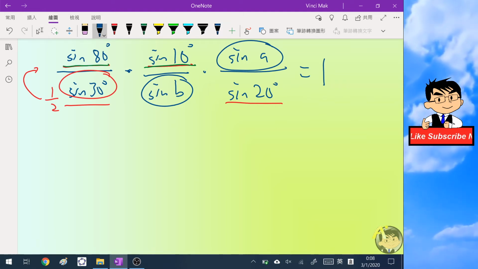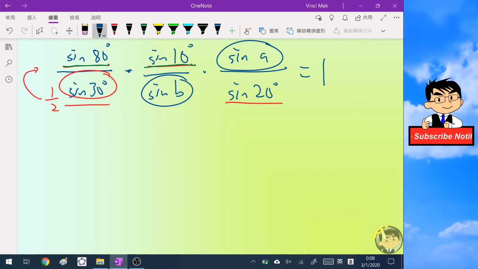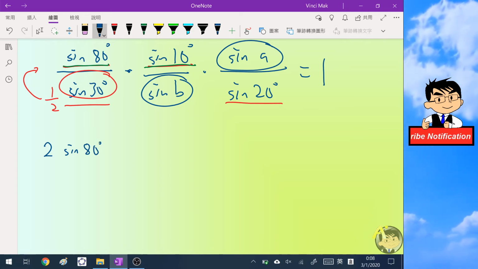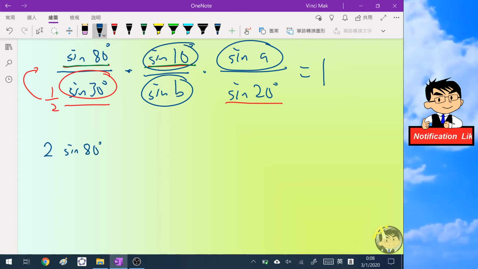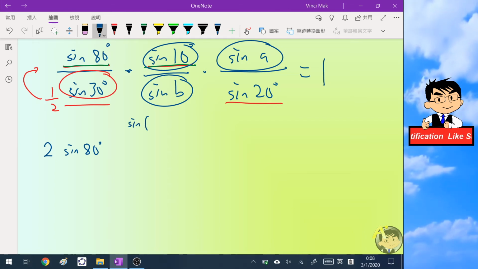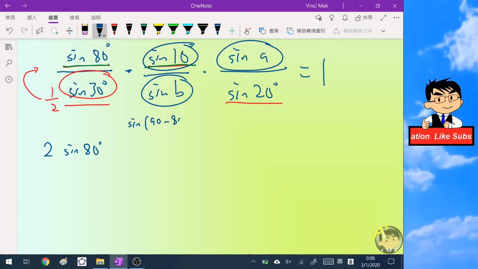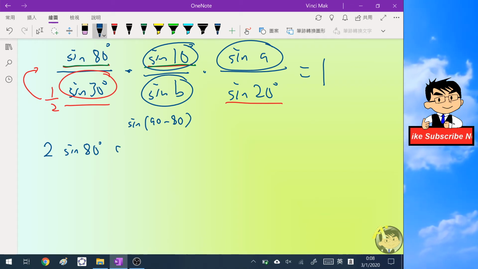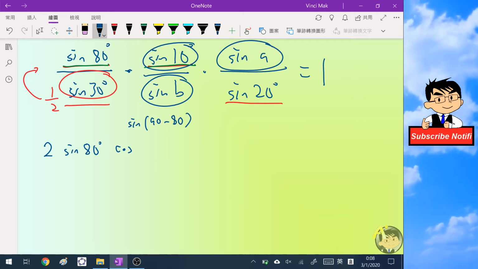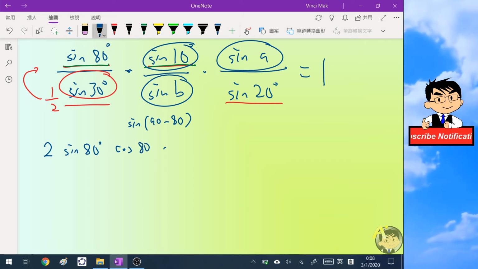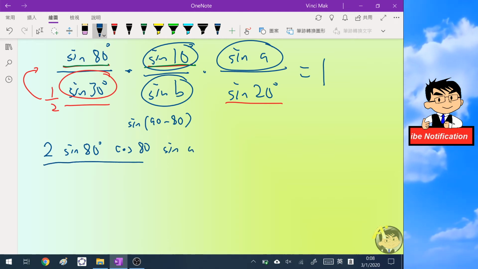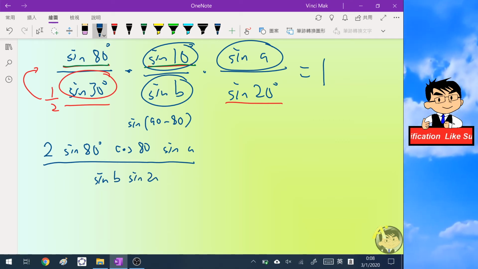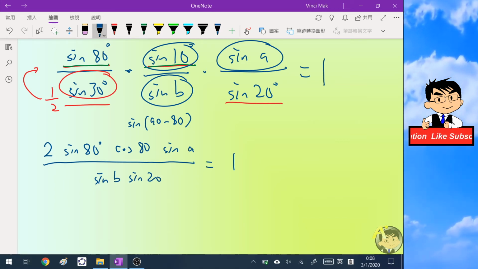For sine 10 degrees, we can change it into sine of 90 minus 80 degrees, which is equal to cosine 80 degrees. Then we multiply by sine A, and in the denominator we have sine B and sine 20, which is equal to 1.